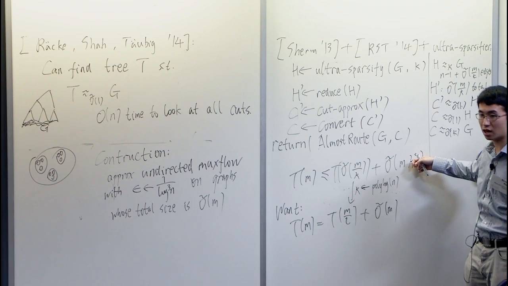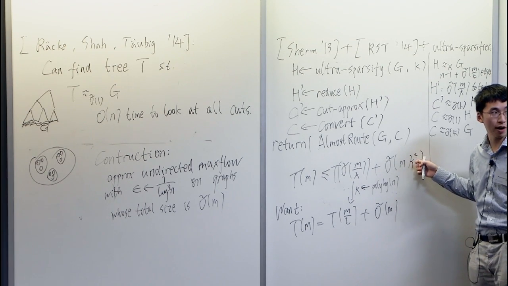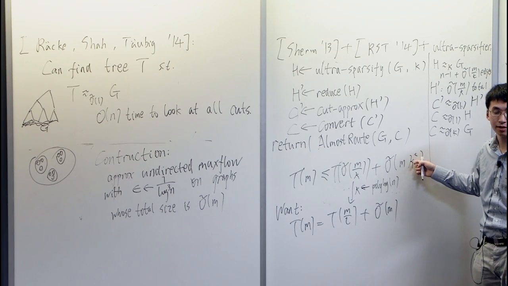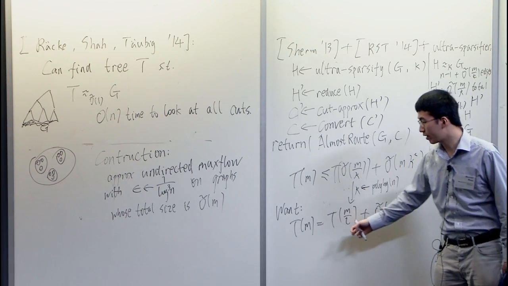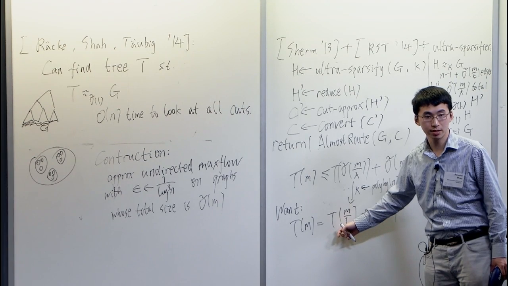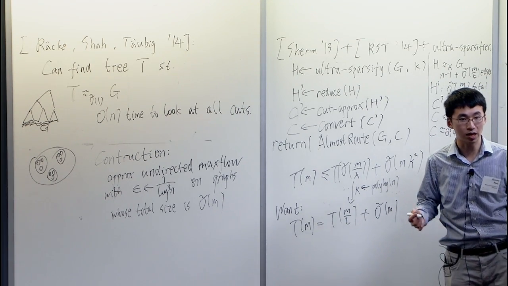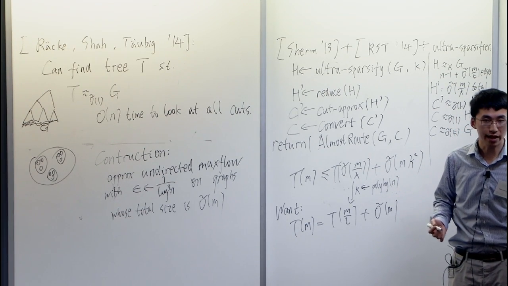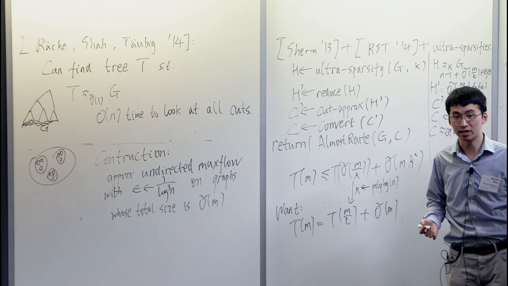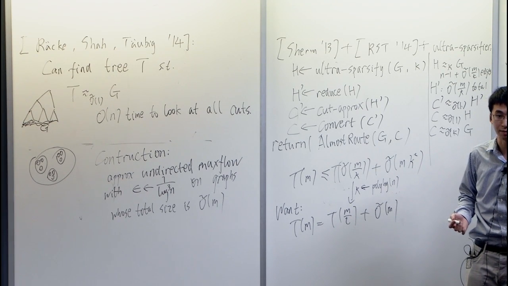Once I set kappa to polylog n, this kappa squared is also a polylog n factor. So the trailing term is still m polylog n. And I get a runtime recurrence that is basically T(m) equal to T(m/2) plus m polylog n. And running this recursion leads to a nearly linear time algorithm for approximating maximum flows.